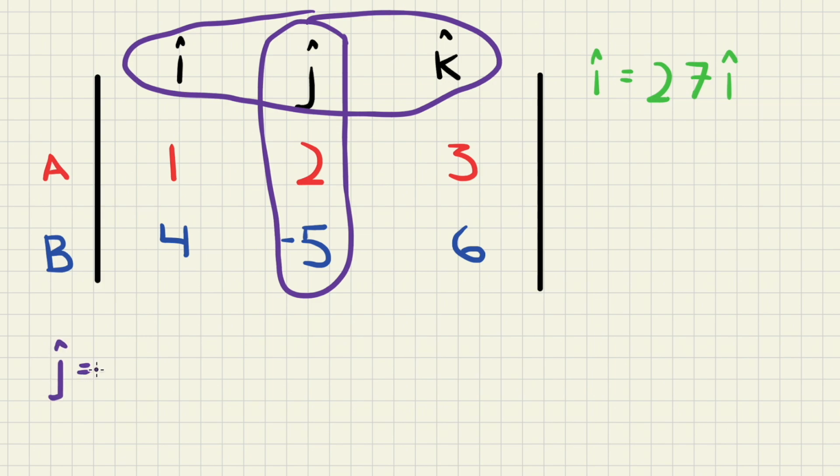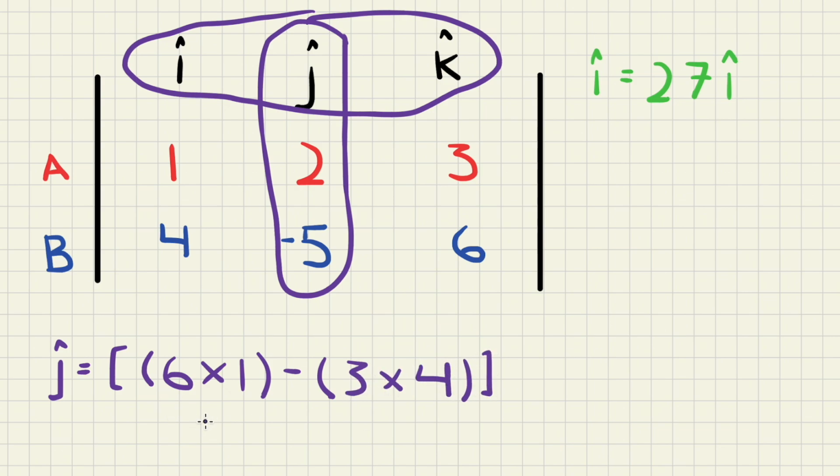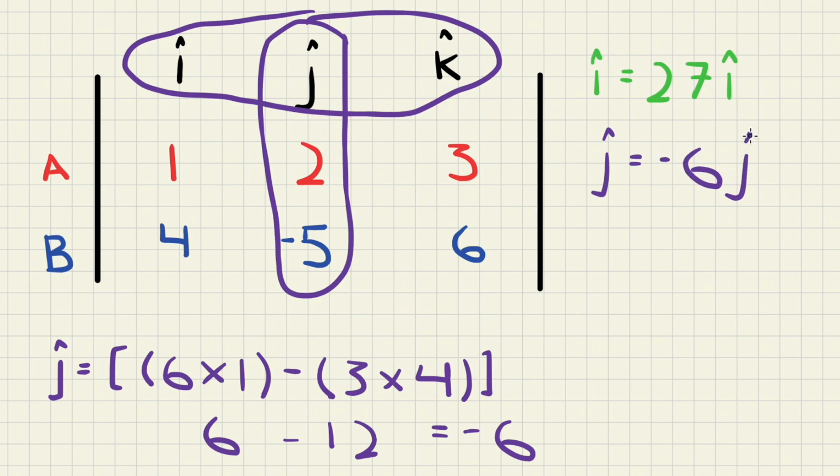So J hat is equal to 6 times 1 minus 3 times 4. So 6 minus 12 is equal to -6. So our J hat value is -6.